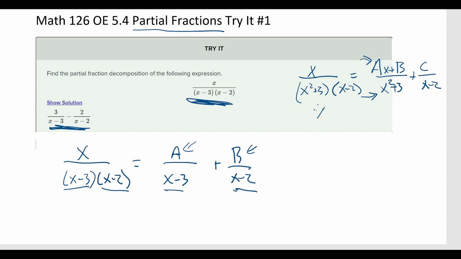And if we had something like x over x minus 3 squared times x minus 2, we would have A over x minus 3 plus B over x minus 3 squared, so it still stays as a constant, plus C over x minus 2. So understand how this breakdown occurs in doing the partial fractions.